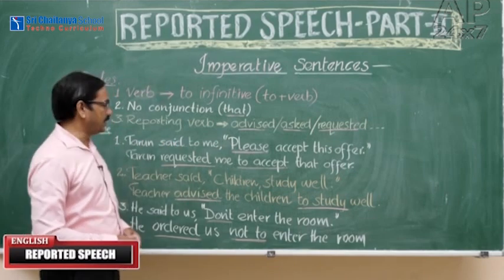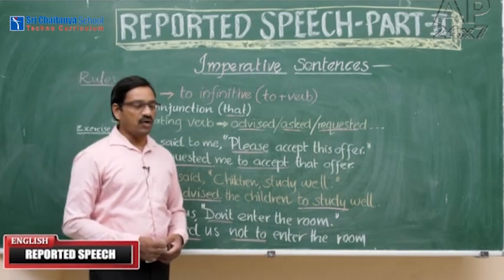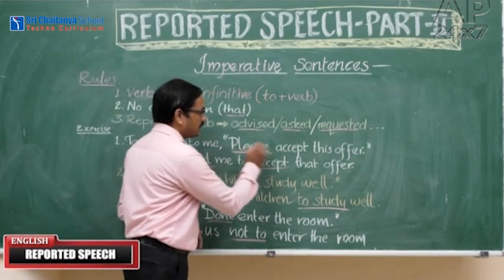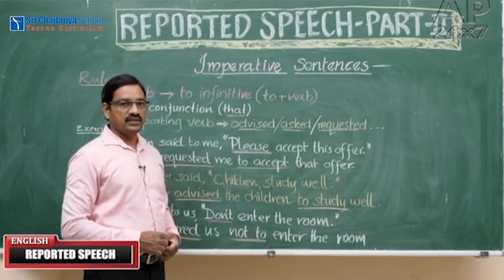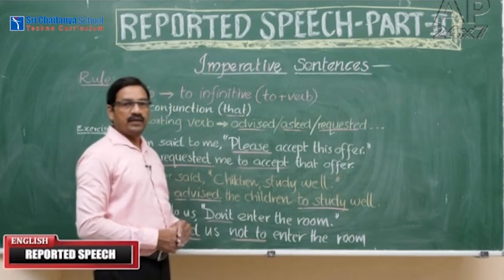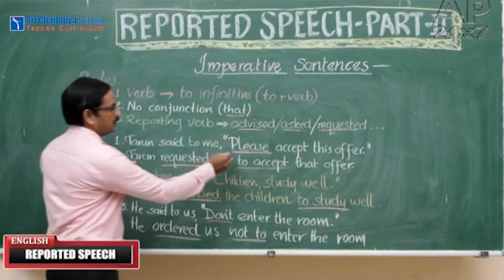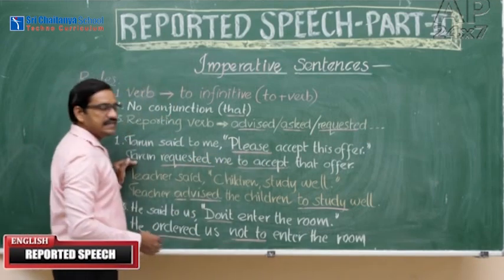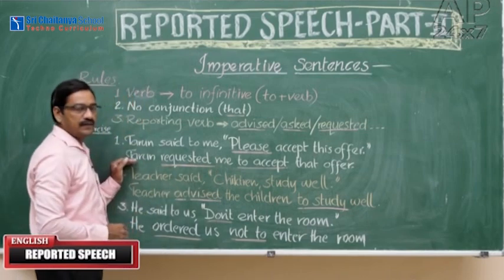Let's see a few examples now. Tarun said to me, please accept this offer. So this please is a request. That is an imperative sentence. Please accept this offer. How are we going to change it into indirect speech? Tarun requested me. Looking at this word please, that is a request, so we are going to use the word requested here.